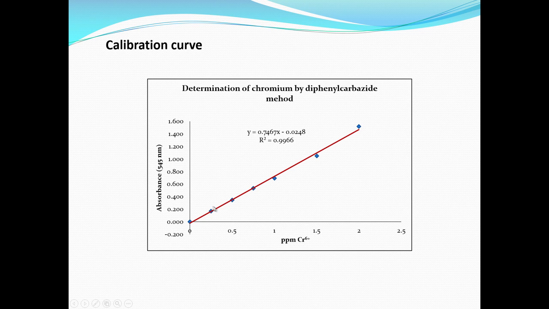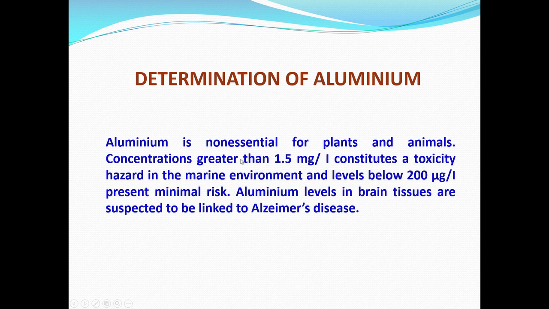So, 0.05 ppm should give us 0.04 absorbance, which is quite low for drinking water. But what we can do is take a higher sample volume, instead of 1 ml we can take 5 ml, and then bring it to a decent level for measurement between 0.2 and 0.8. That is the aim of all experiments with respect to relative concentration error.